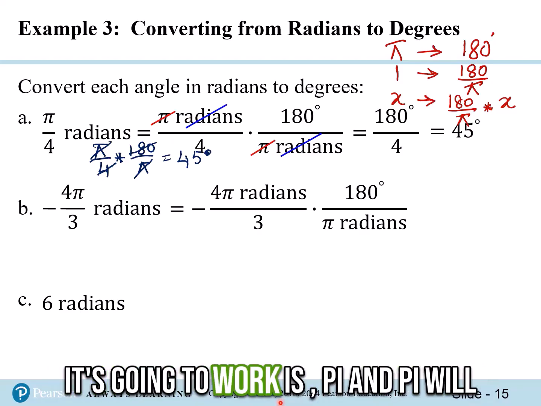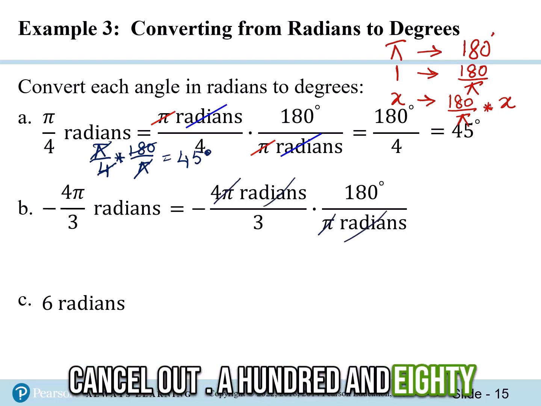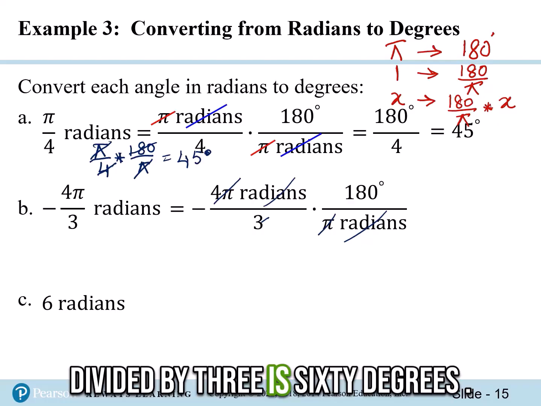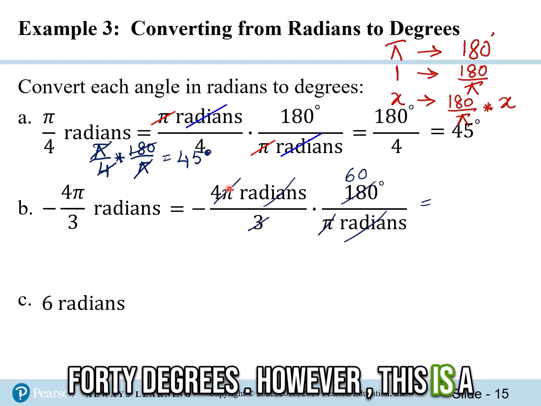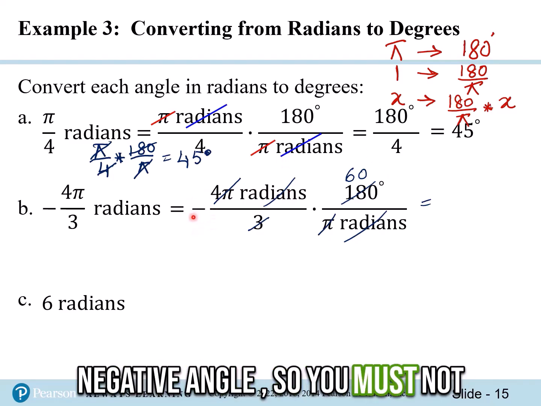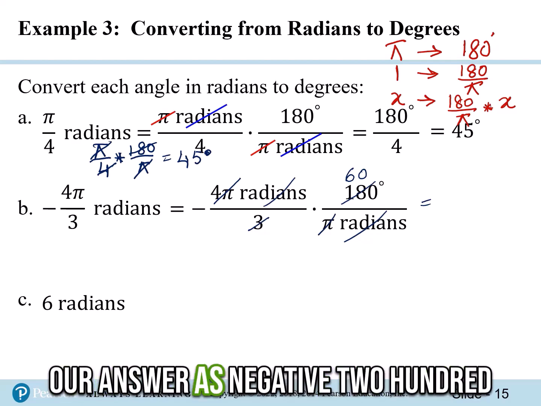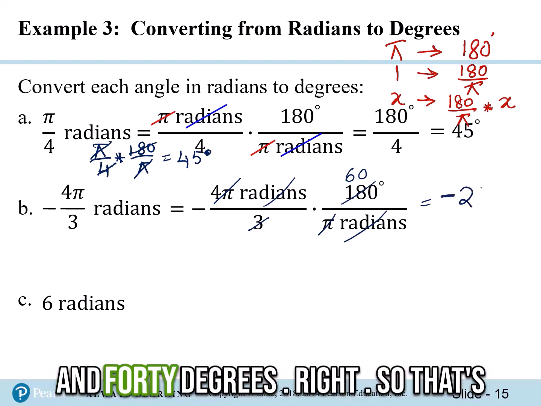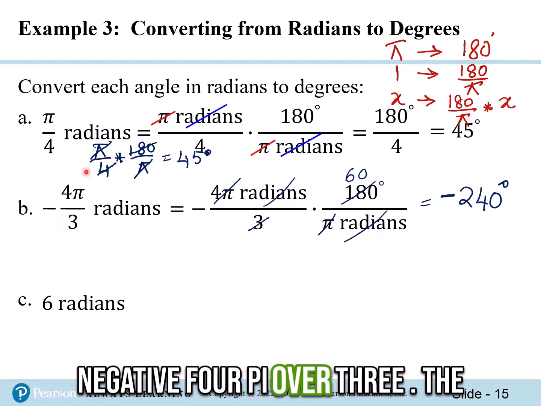So the way it's going to work is pi and pi will cancel out, radians will cancel out. 180 divided by 3 is 60 degrees. 60 times 4 is 240 degrees. However, this is a negative angle, so you must not forget the negative sign. We have to write our answer as negative 240 degrees. Right, so that's the angle measure in degrees for negative 4 pi over 3.